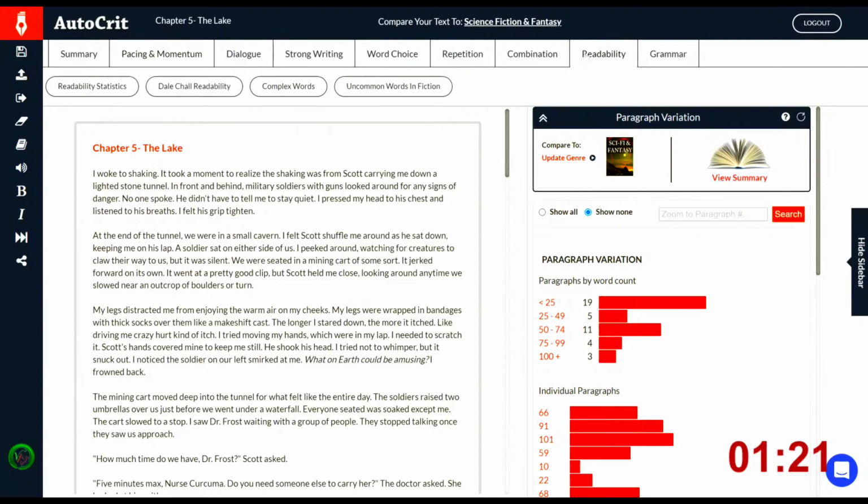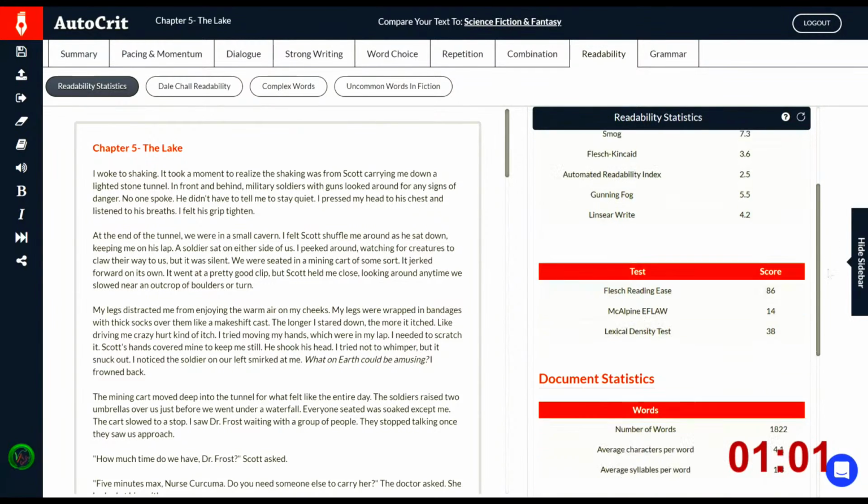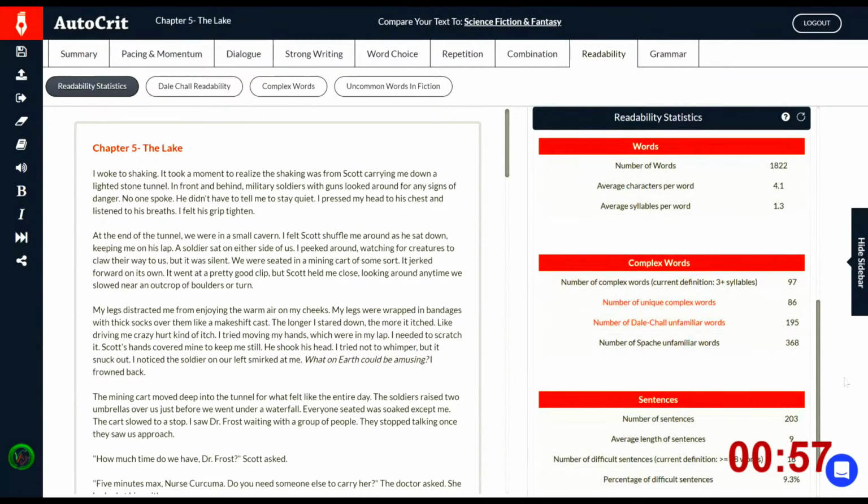Readability is the next one. So looks like my readability score for the New Dale-Chall is about 4, which is fine. All of these look like it's about right. Number of words. This particular chapter is a little short.